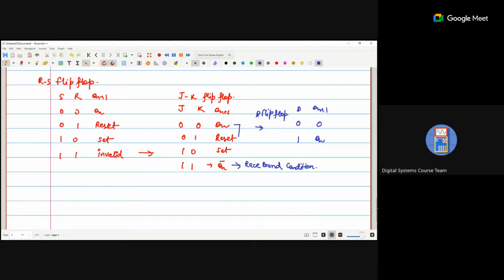If we are using these two conditions, we can implement the D flip flop. And the last one is the T flip flop. If we use the first and last conditions, when T is 0, Qn plus 1 is Qn, and when it is 1, it is Qn bar. We design the T flip flop.